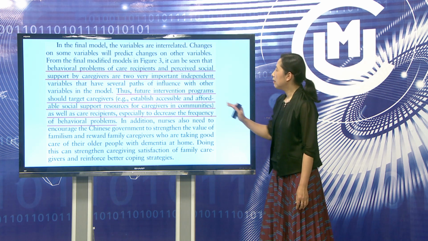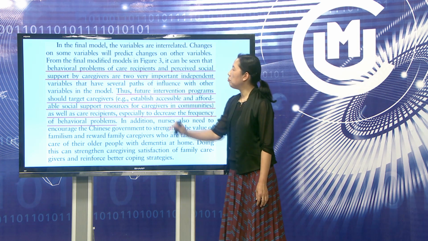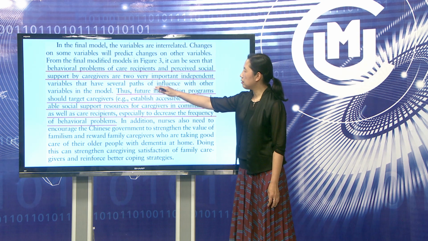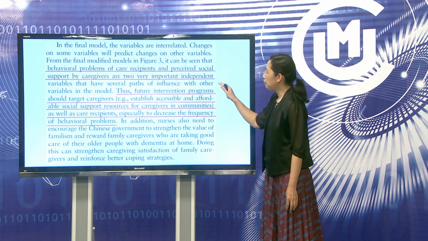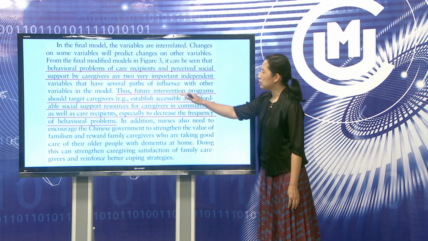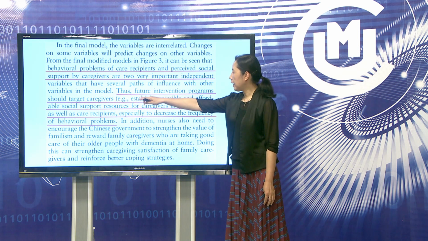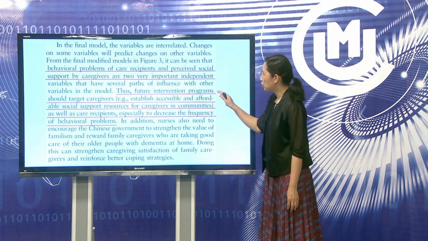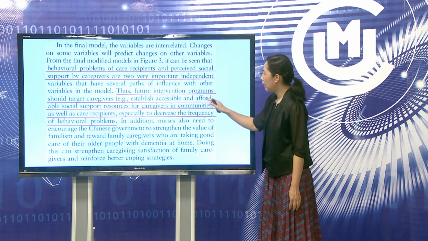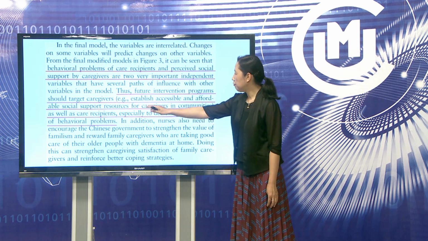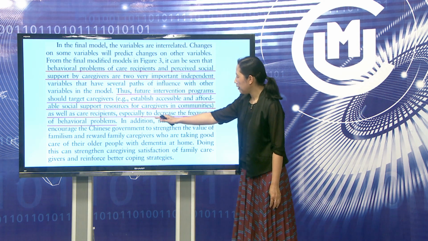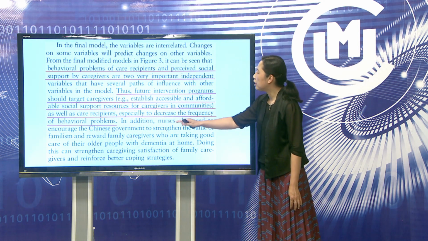Please pay more attention. We wrote that behavioral problems of care recipients and perceived social support by caregivers are two very important independent variables that have several paths of influence with other variables in the model. Thus, future intervention programs should target caregivers, such as establishing accessible and affordable social support resources for caregivers in communities, as well as care recipients, especially to decrease the frequency of behavioral problems.